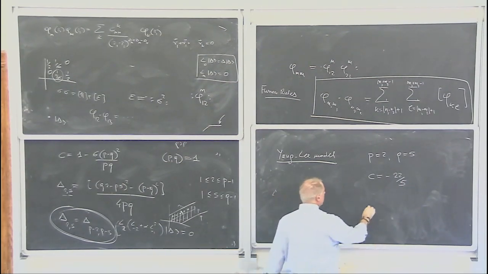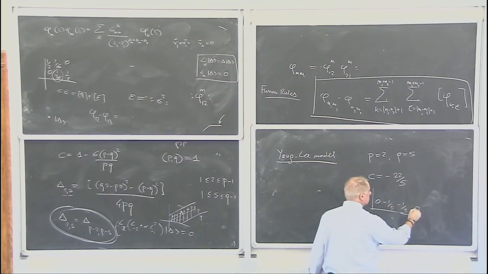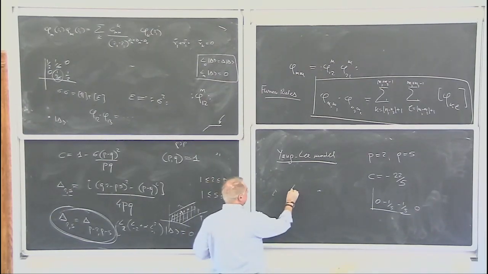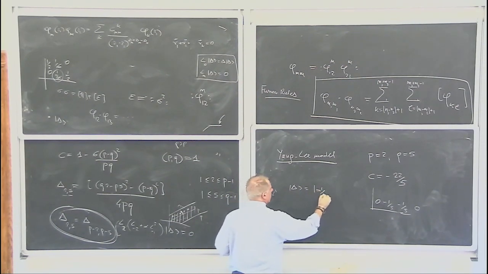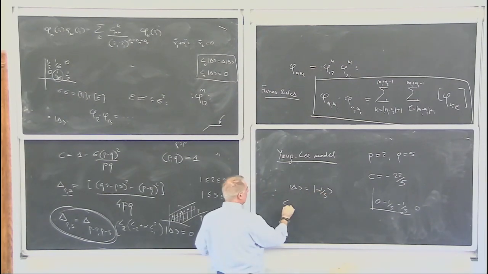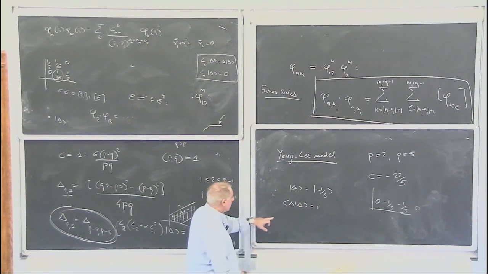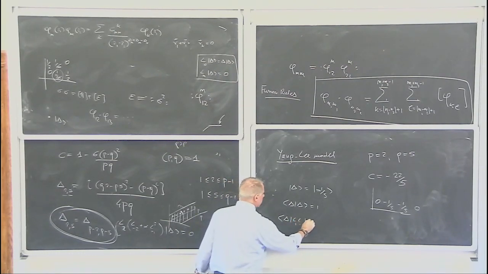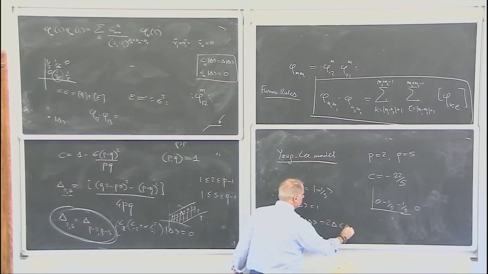And the Kac table is 0, minus 1/5, minus 1/5, 0. And so you see that even though I can put this guy to be, let's say, normalized to 1, if I go and compute the norm of the descendant already at the first level, this you remember was 2 delta.